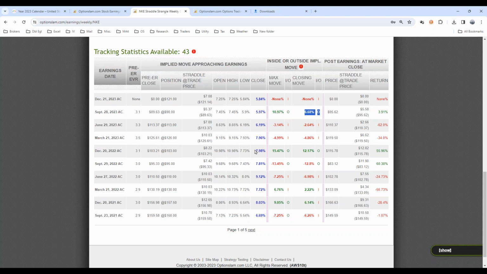But when you have an expensive one, now here's some examples of expensive implied moves where it still moved outside. But to illustrate my point, here's the most expensive implied move. And what happened? The stock did not move outside. It stayed inside. So buying premium would have been a losing trade on it.